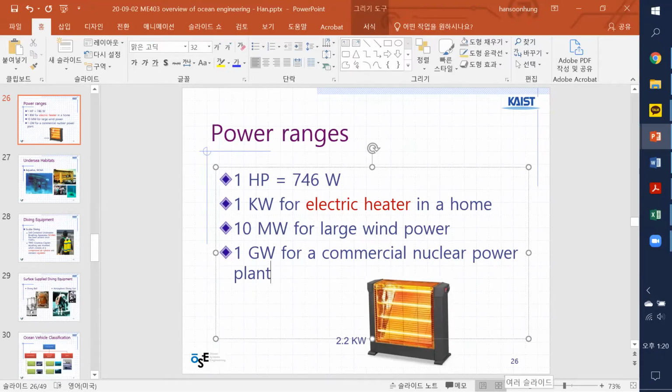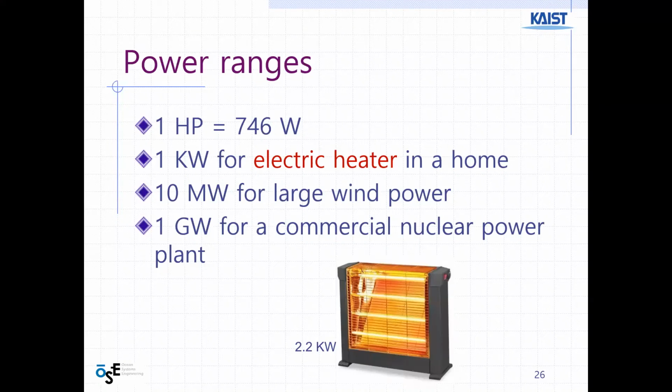And a gigawatt means 1,000 megawatts, which is around the size of a commercial nuclear power plant. In Korea, recent construction of nuclear power plants is popularly of 1.4 gigawatt size.